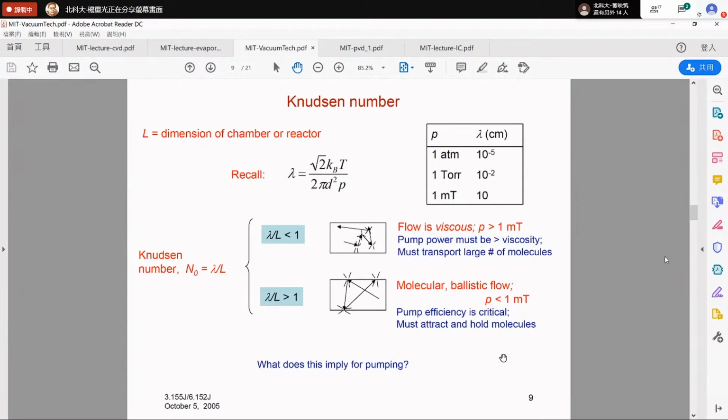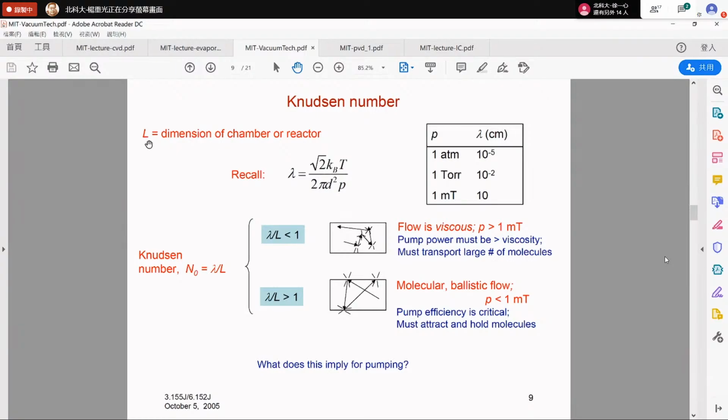So when we talk about vacuum, there is a number called the Knudsen number. This is a dimensionless number, and this is very useful to make sure of the condition of gas molecules in a reactor.